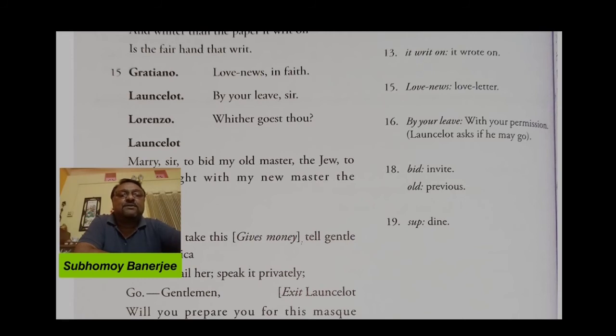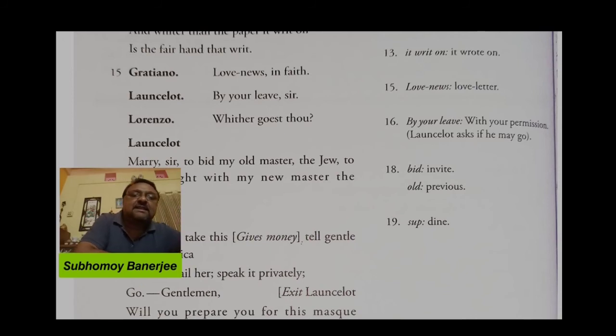Now Lancelot knows that he's a servant and he should not be there when people of his master's category are discussing and joking among themselves. He, being a servant, should be going. So he says, by your leave, sir. Please, sir, may I leave? May I go? With your permission, sir, he may go or not. He's asking for that permission.